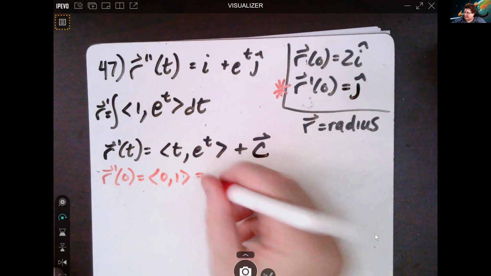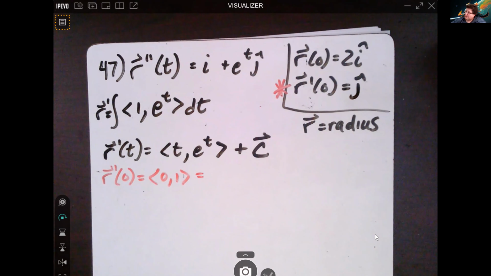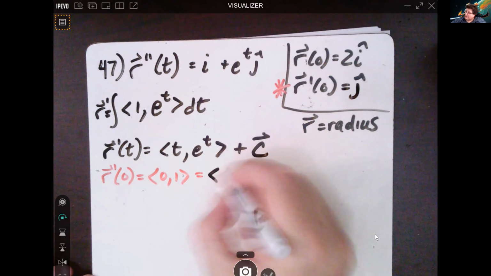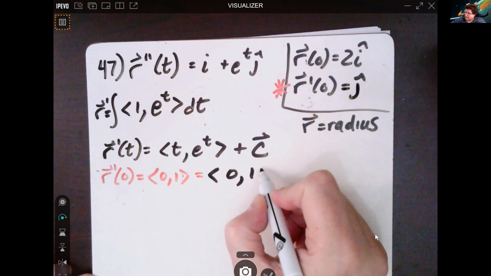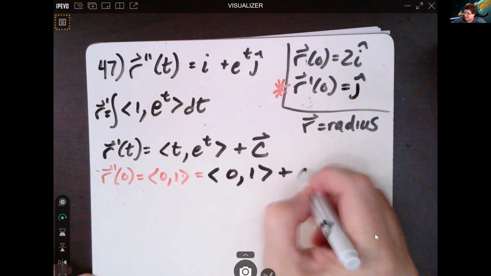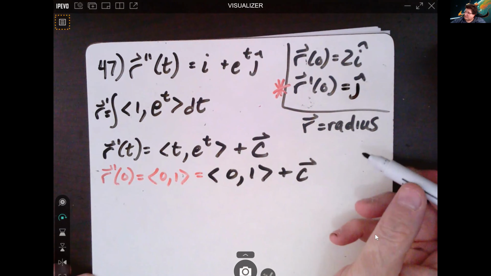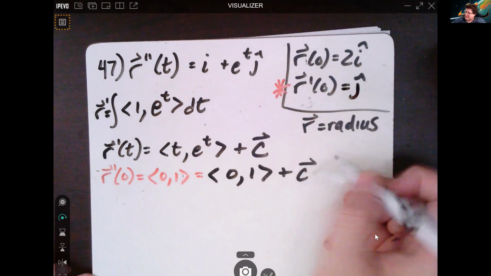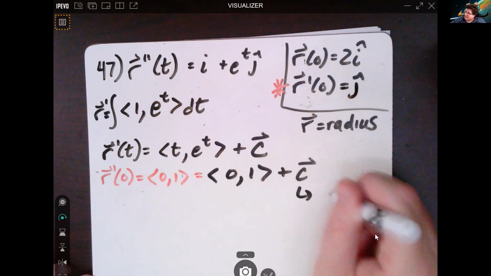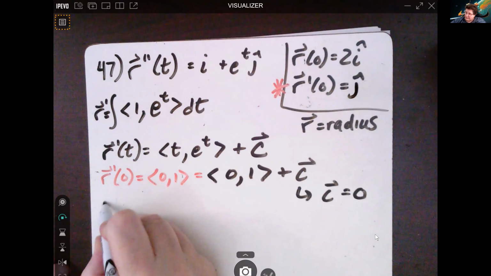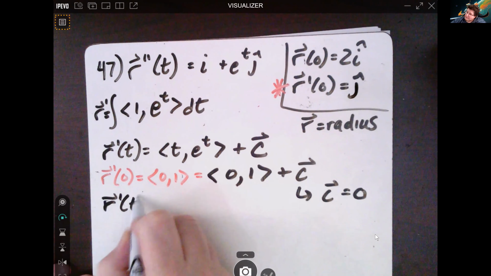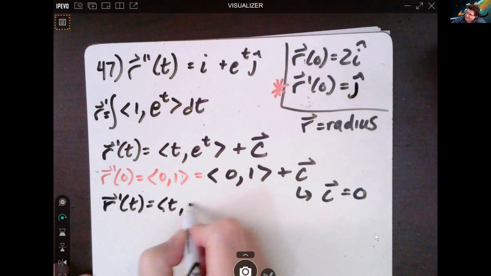My right side, when I plug in 0, is conveniently 0, 1. So if I solve for c, c is the 0 vector here, and it does nothing. So really my r prime of t is just t, e to the t.